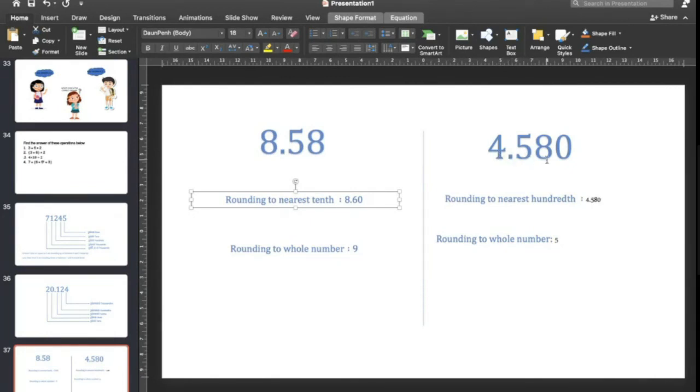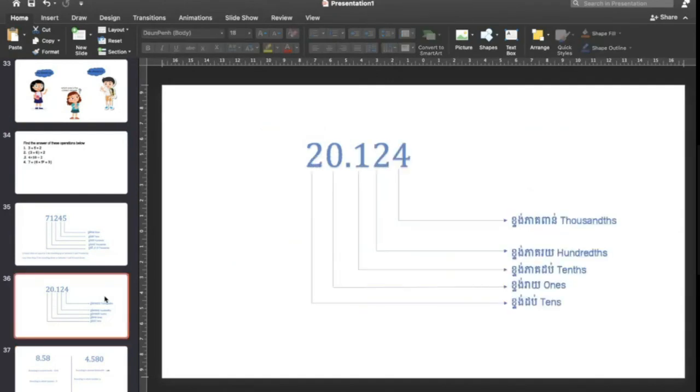4.580. Yeah, I have a question about number 5. It stands for the tens digit, right? Yes. So why do we read 100? Can you change the letters to black color?